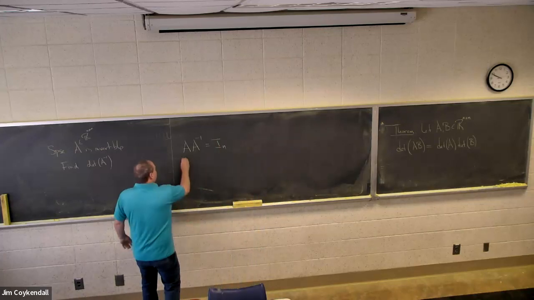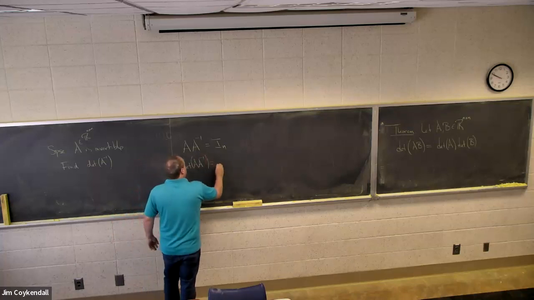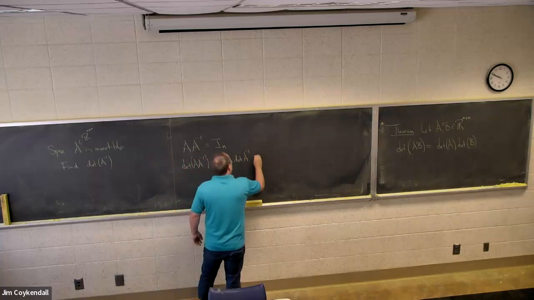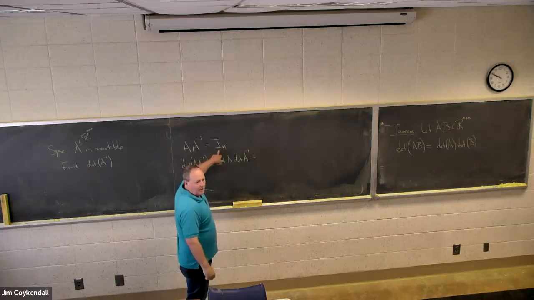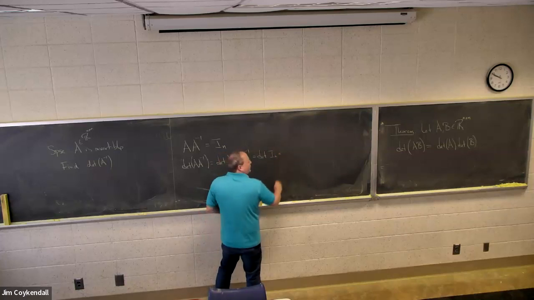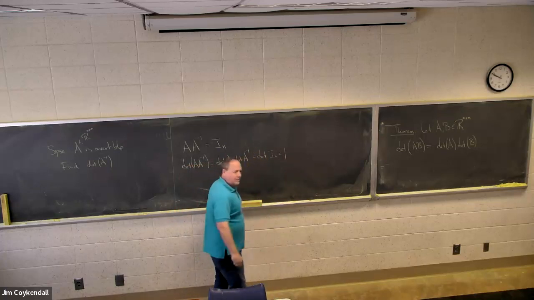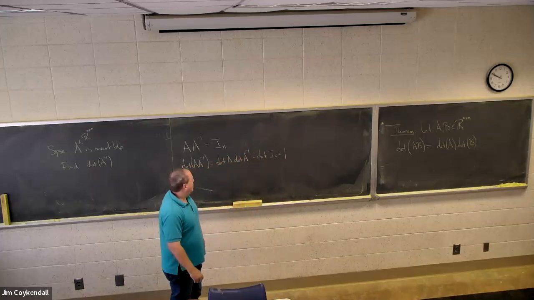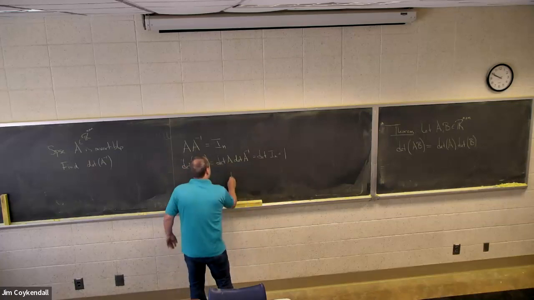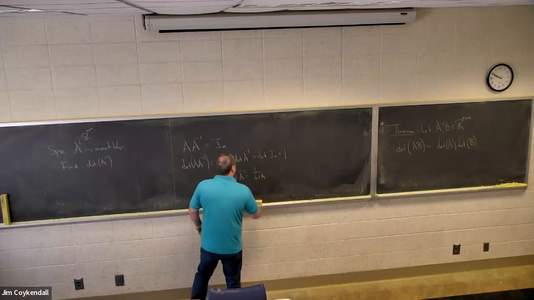Take the determinant of both sides, which should be the determinant of I n. What's the determinant of the identity matrix? Yeah, one. It's just the product of all the diagonal entries, because it's diagonal, and all the diagonal entries are ones. So that means the determinant of A times the determinant of A inverse is one.